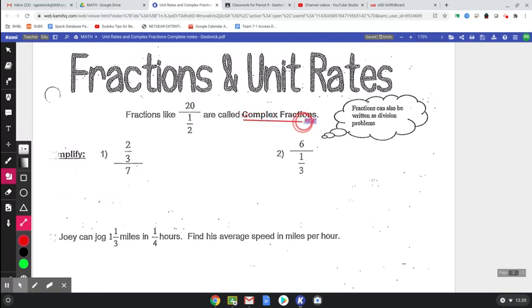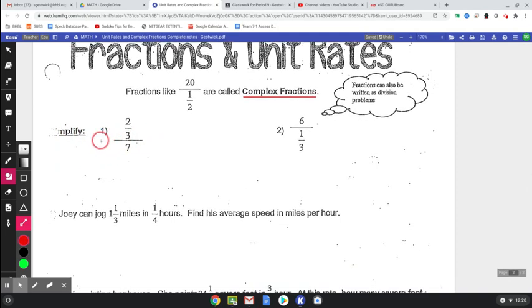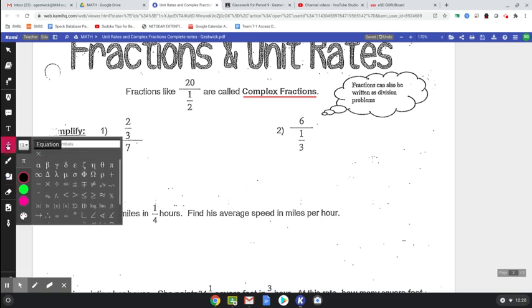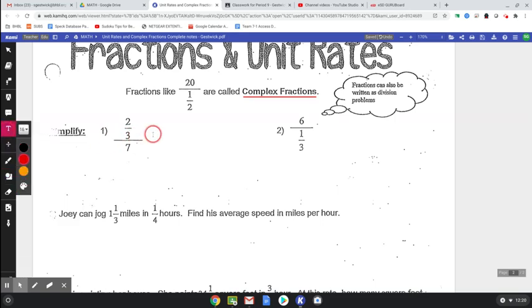So complex fractions. It looks complicated, right? It's a fraction within a fraction, but, and this says simplify, but remember, what does that division bar really mean? Oh, I just said it. What does the fraction bar mean? Division, hello.